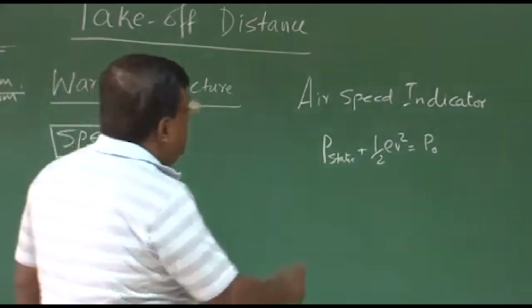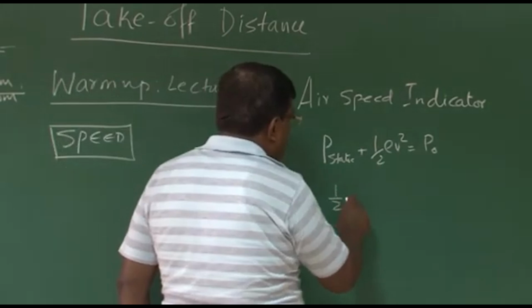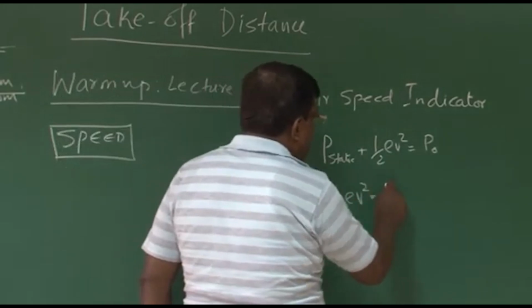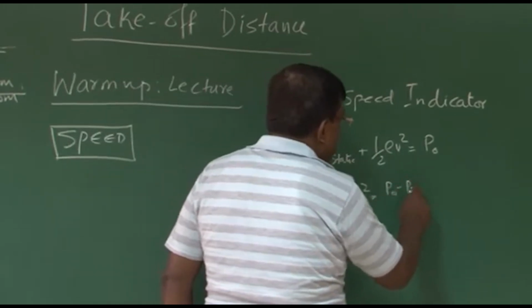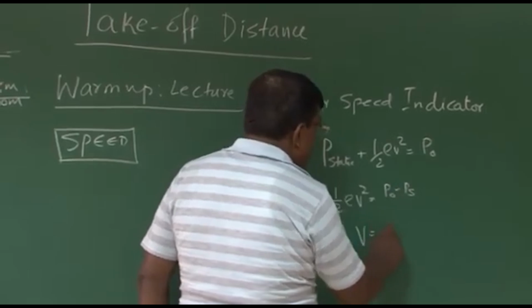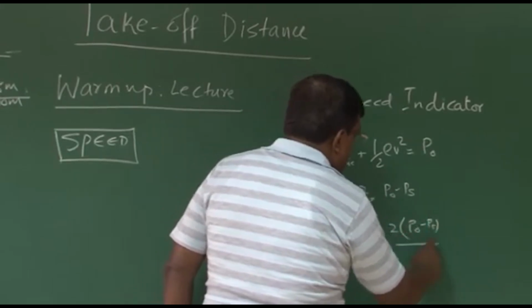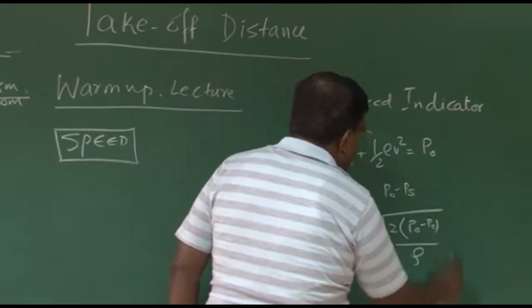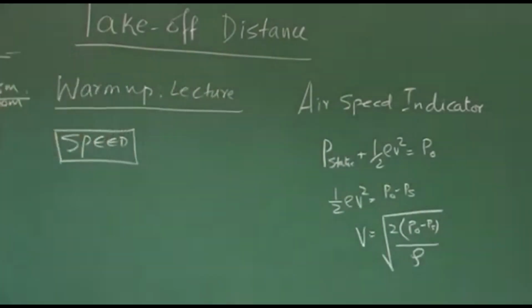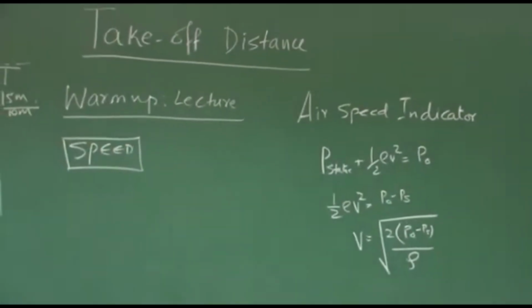And we also know from here that half rho V square is P naught minus P static. So V is under root of 2 (P naught minus P static) by rho. Okay? And we have seen that in an airspeed indicator there are 2 inlets.